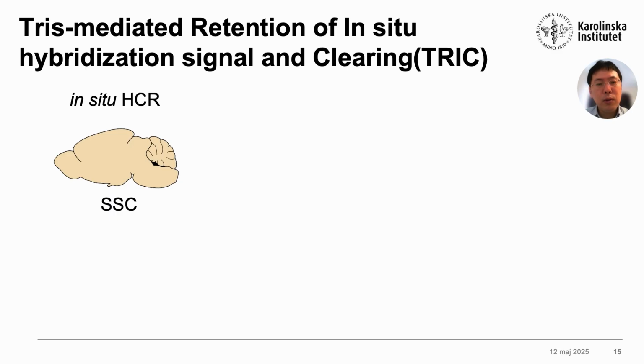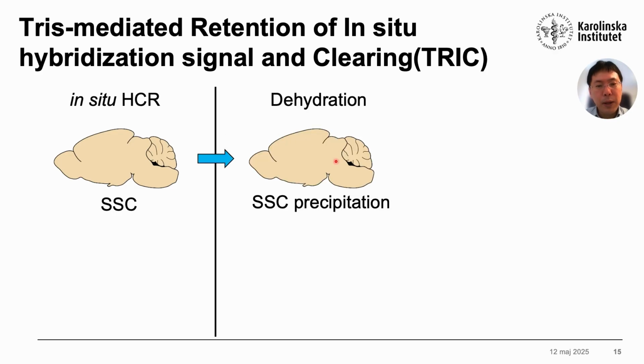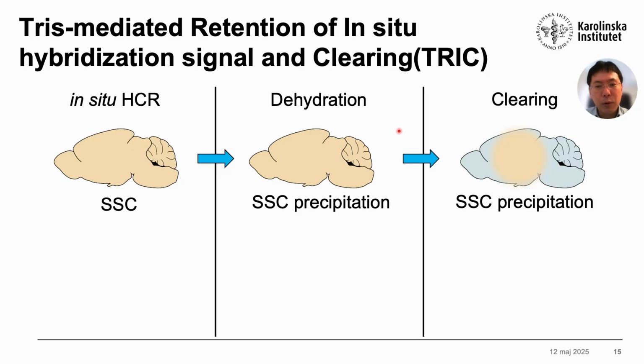The in situ HCR method uses SSC buffer, a saline sodium citrate buffer. We found that SSC precipitates during dehydration in methanol, and this precipitate cannot be cleared by organic solvent, making the tissue opaque in the clearing solution.